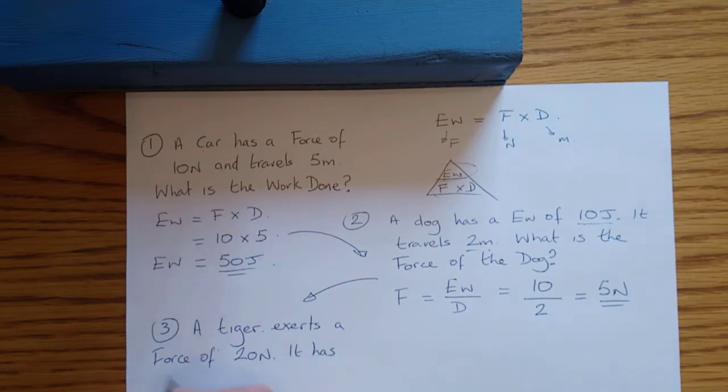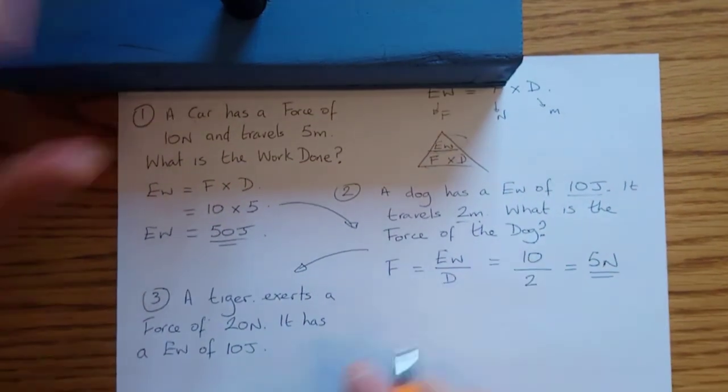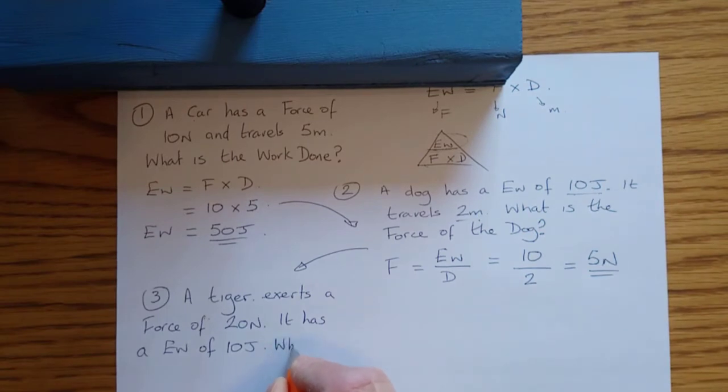It has a work energy of 10 joules. So we'll find out what distance it travels. What distance does it travel? I had to move that a wee bit there. Distance has it moved or travelled.